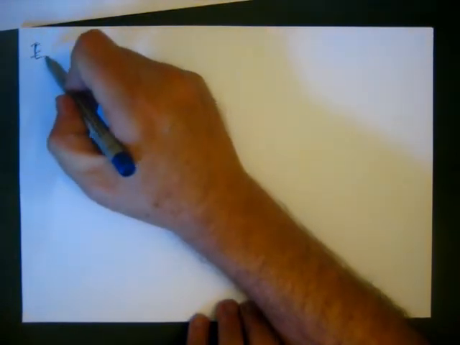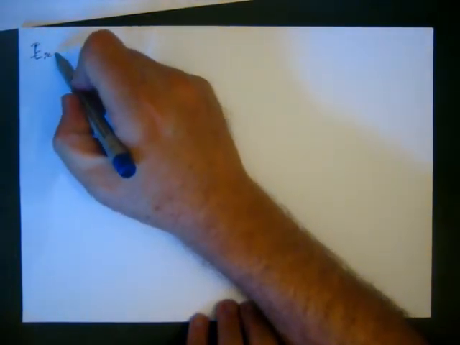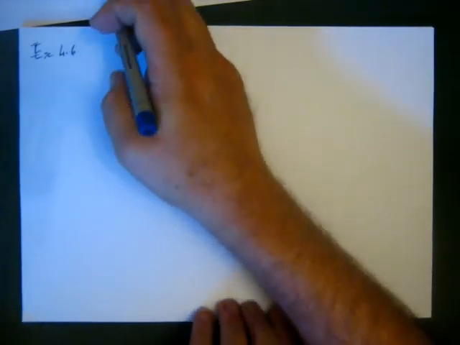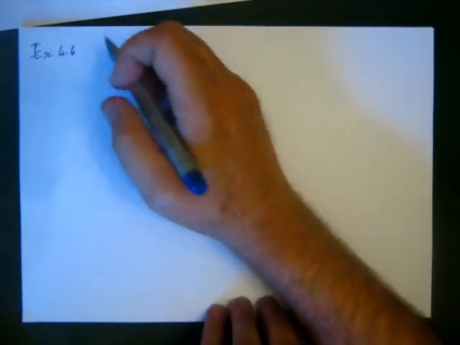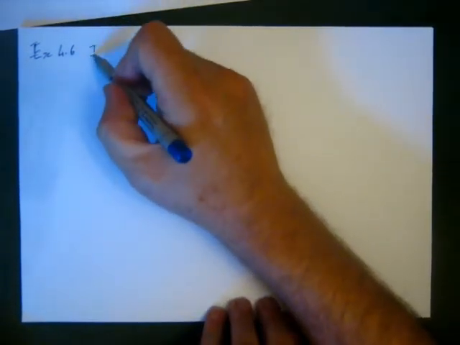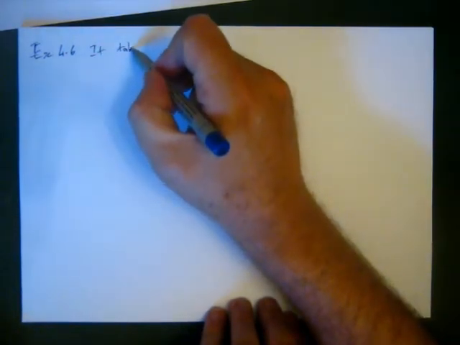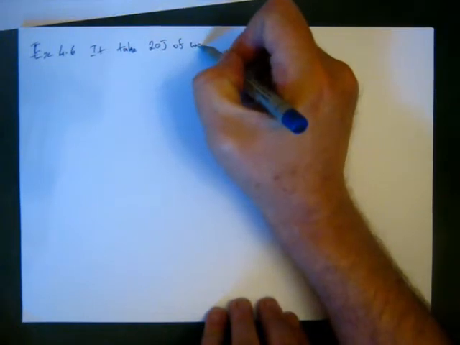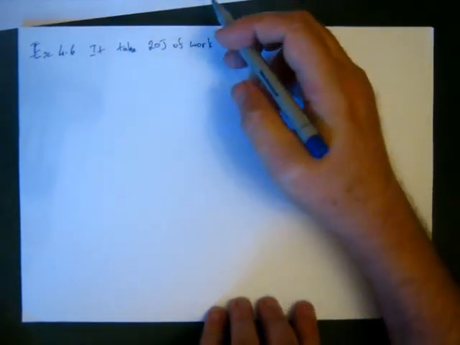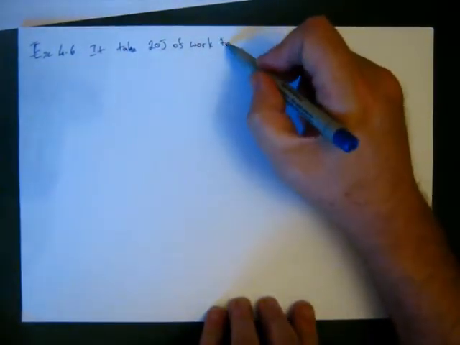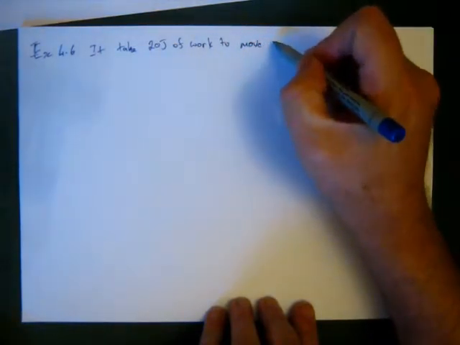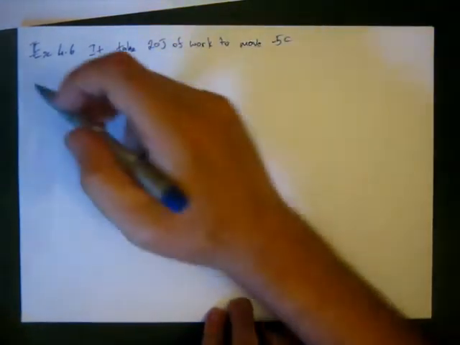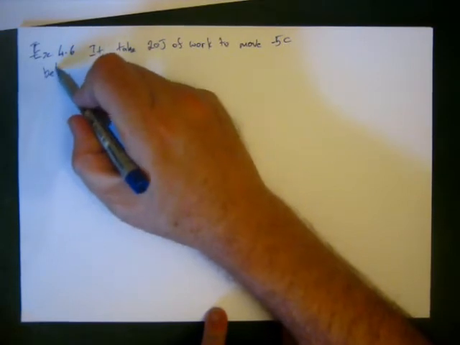This is example 4.6. Remember, if you want to try this yourself, feel free to pause and have a go yourself. It takes 20 joules of work. Remember, work is the change in energy, to move negative 5 coulombs between 2 points.